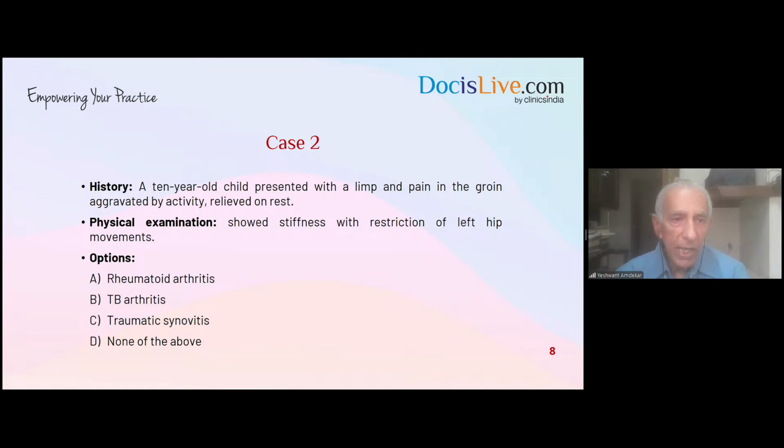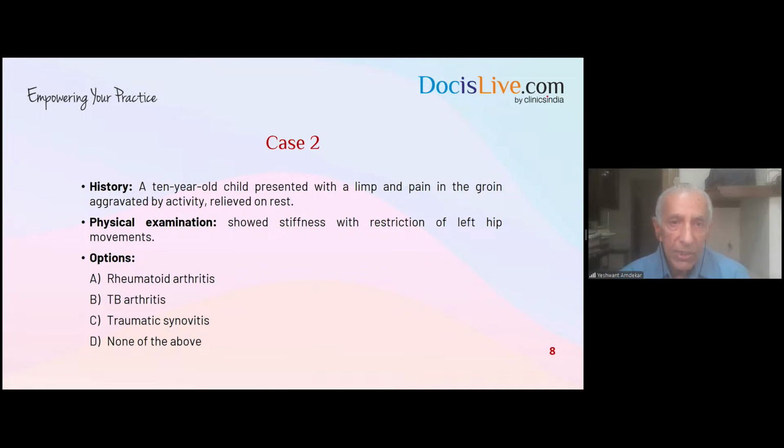But when he starts activity, he starts paining. That's very typical of Perthes disease, that it is totally relieved by rest but aggravated by activity. Again, I'm sure you may not have seen Perthes disease at all, but I wanted to bring this again to show you how a few small points that you take note of can make a lot of difference in our analysis.